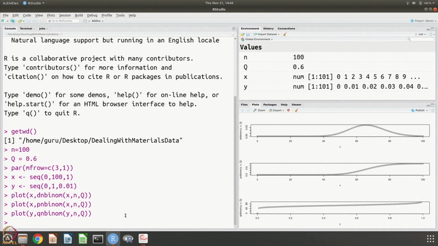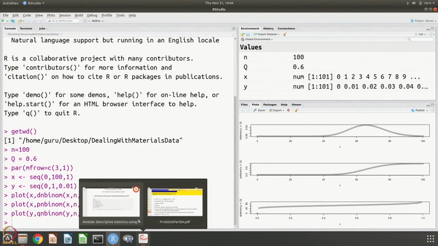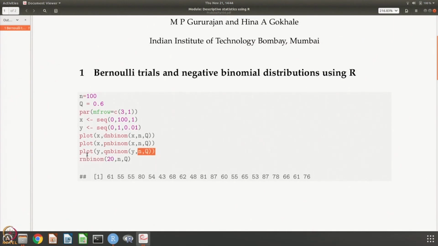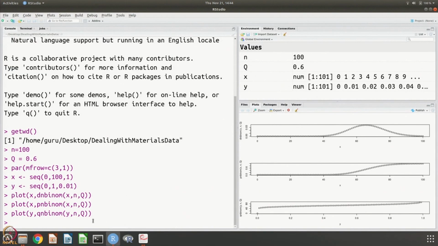So, we have done that, and how do we get the random variates? Of course, that is also a simple command. We want to have random variates from the negative binomial distribution.